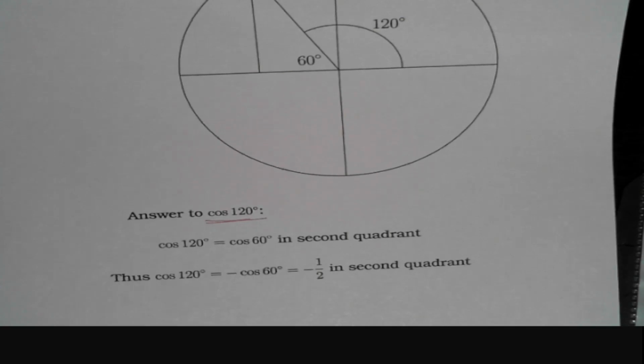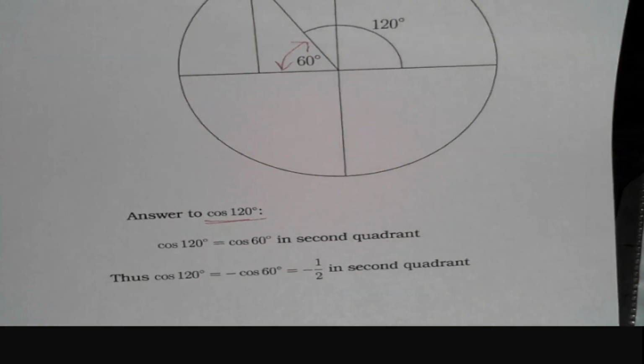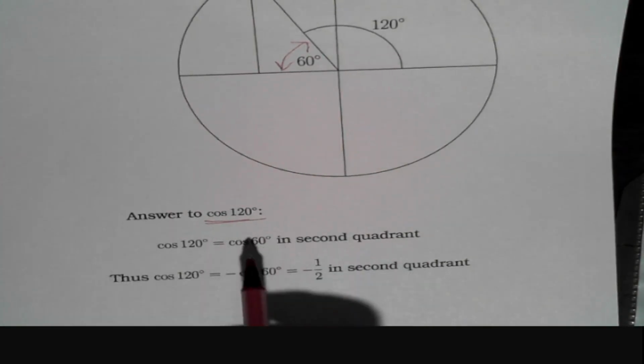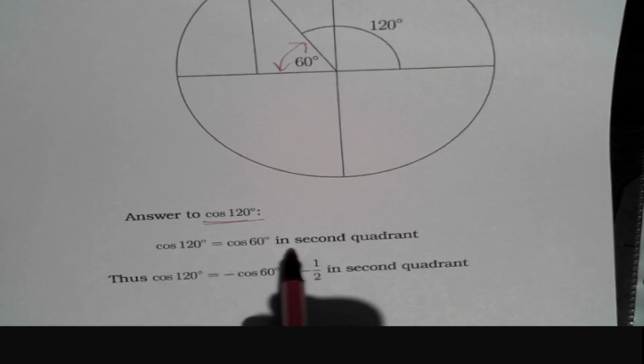And another one is cosine 120 degree. You go here 120 degree, and this means it leaves a 60 degree between the x-axis and hypotenuse. Just the same way, right? Cosine 120 degree will be the same as cosine 60 degree in quadrant 2, the second quadrant.